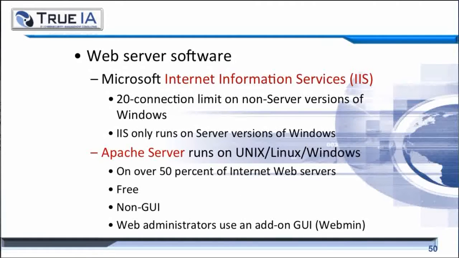With Windows, you'll do this with the IIS service, or the Internet Information Services. It has a 20 connection limit on non-server versions of Windows, and IIS only runs on server versions of Windows. However, you'll find that over half of the Internet web servers are running on a free application called Apache.